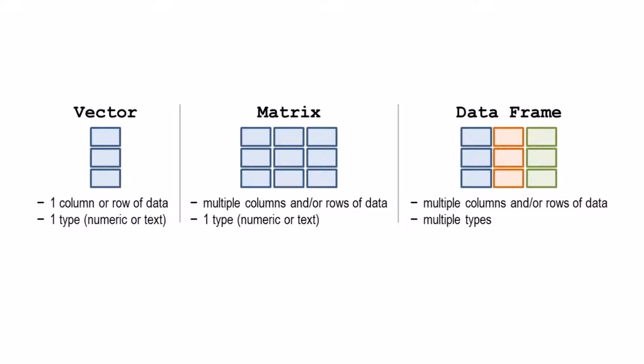A matrix can store multiple rows and multiple columns of one type of data, whereas data frame can store multiple rows and multiple columns of different types of data. But for the purpose of this course, you don't really need to know how to create matrices or data frames, as you will most likely read in the data you have prepared in Excel or another program.